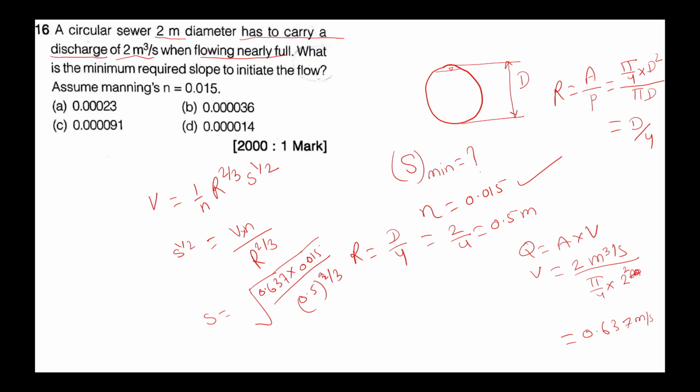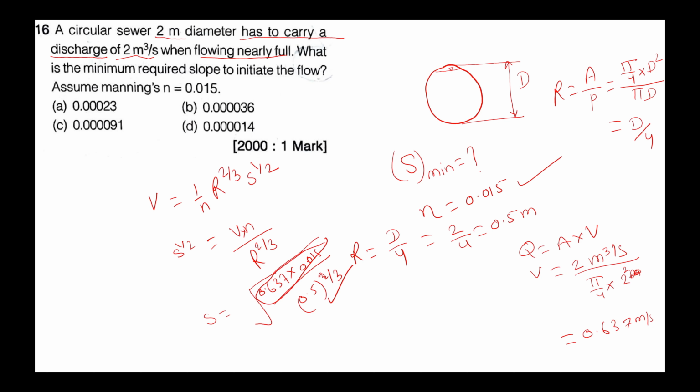You can calculate this very easily, but how will you calculate it through your GATE calculator? You need to practice. First you solve this part, then this one, then you divide, and after that you use this one.